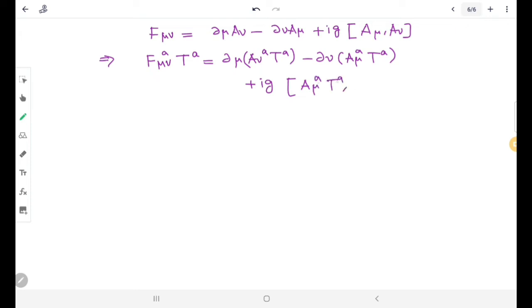Now, we have already used the index A, so this time we have to choose a different index. So here we shall write A nu B Tb instead.